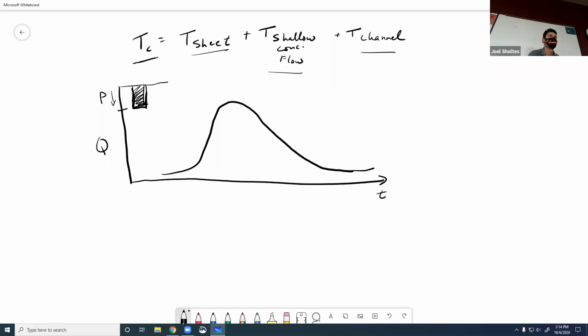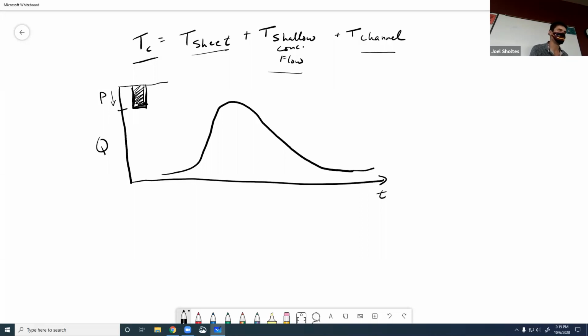And what this time of concentration calculation does is it tells you this one number summarizes the properties of your watershed. How long is water going to spend in the creek? How long is it going to spend on some hill slope before it hits the channel? And so that one number, besides the area and the curve number, describes the hydraulic properties of your watershed by all these flow paths.